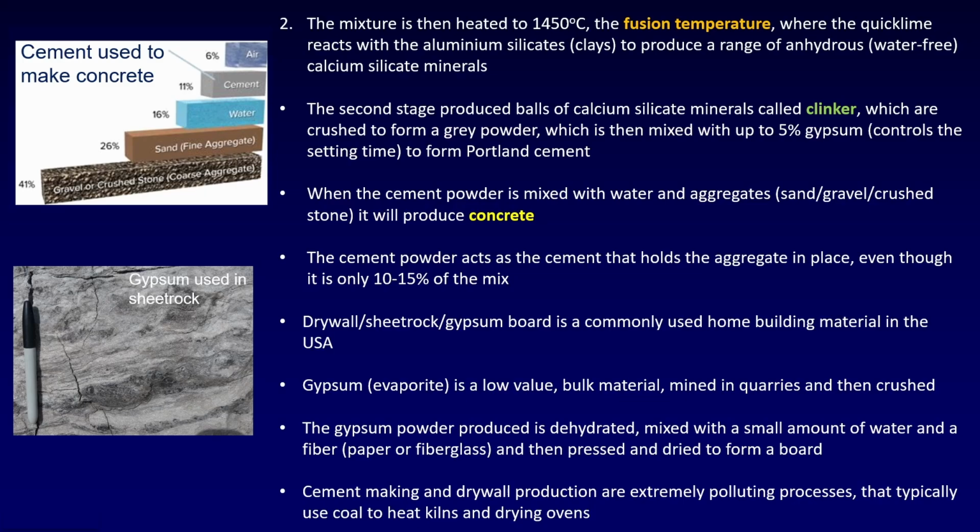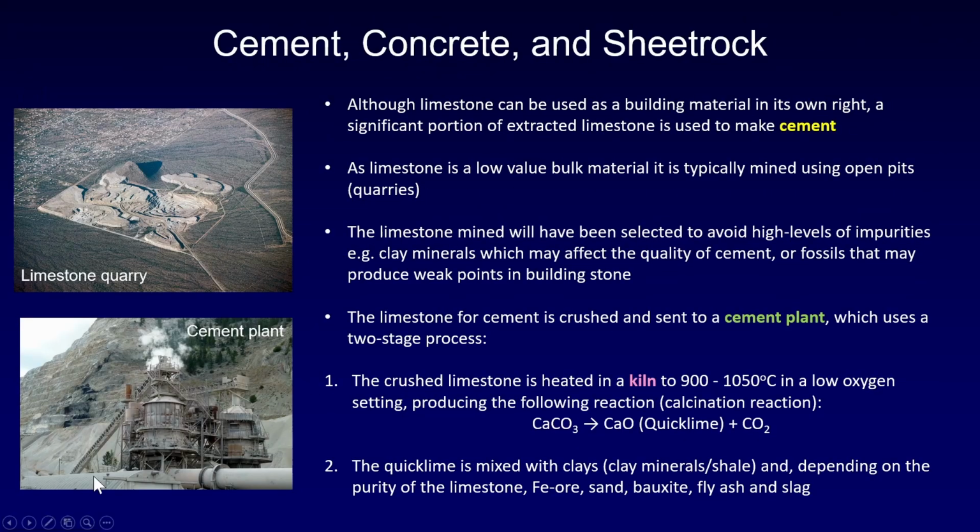So you can see that you have several different industrial minerals being used in the production of cement. You obviously have the original limestone, then you have clay minerals, or pieces of shale, which are required. Depending on the quality of your quicklime, you may need to add more limestone, iron ore, sand, bauxite, fly ash, or slag to improve its quality.